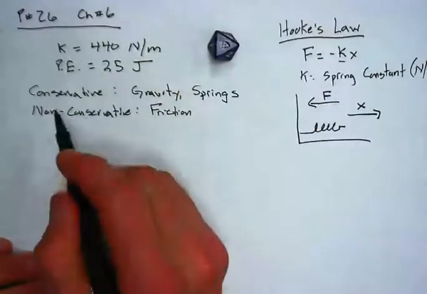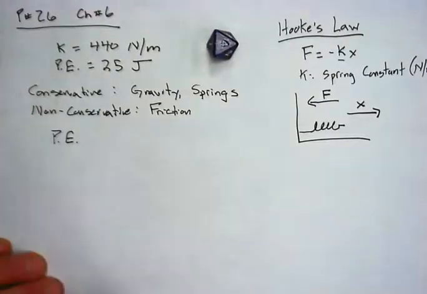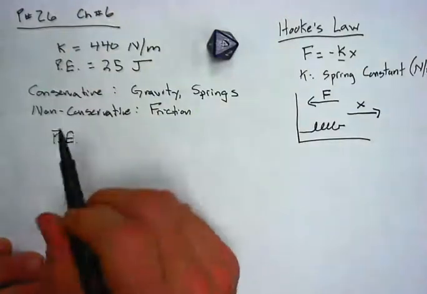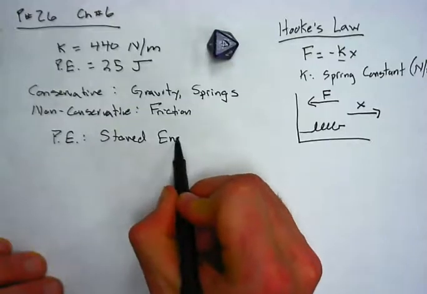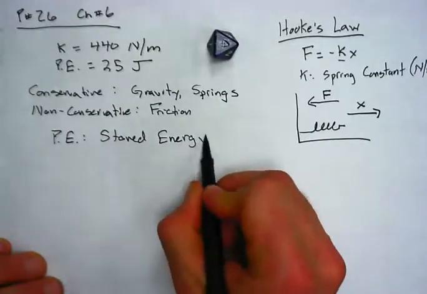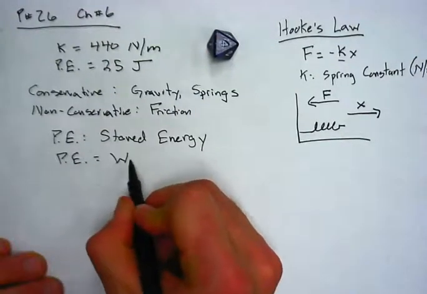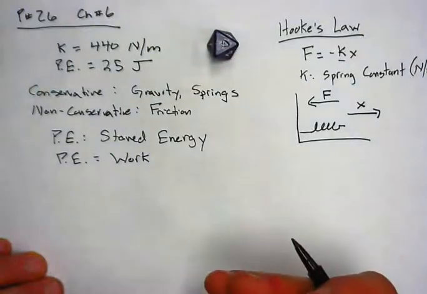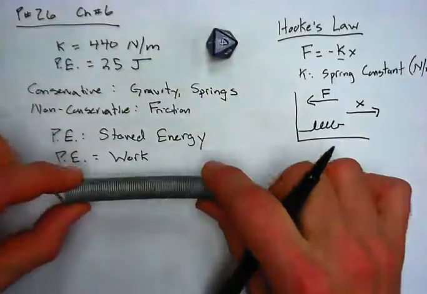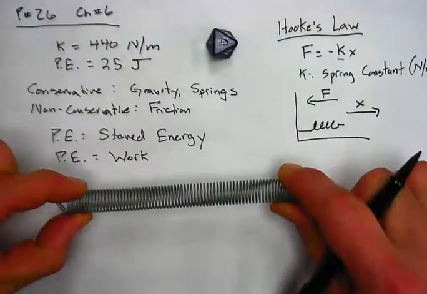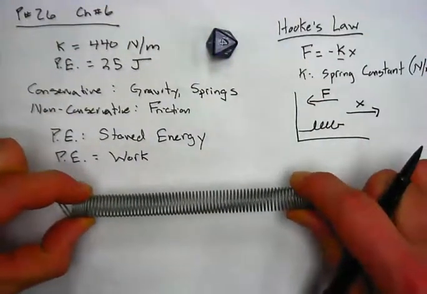When dealing with a conservative force, you can define what's called a potential energy function. What that means is the potential energy, or stored energy, that you have is equal to the work done against the conservative force. So if I want to figure out how much energy I have stored in this spring right now, I calculate the amount of work I've done against that conservative force.